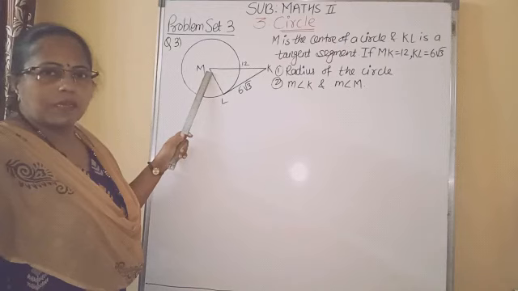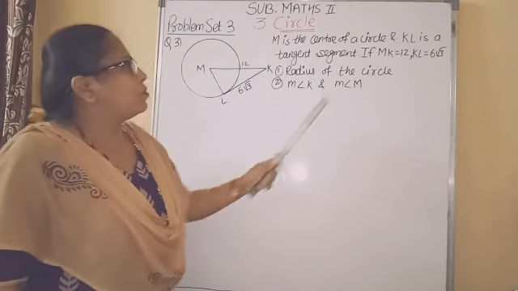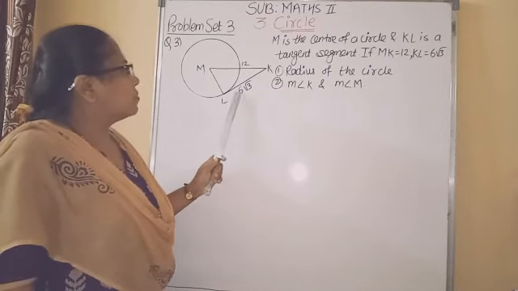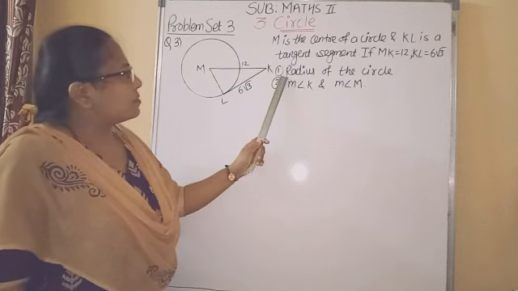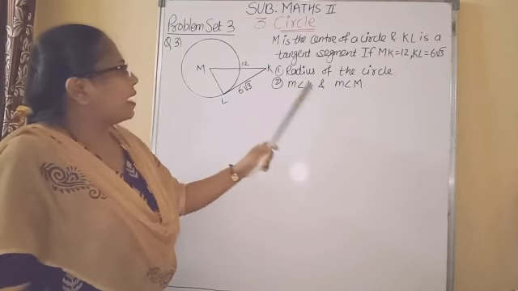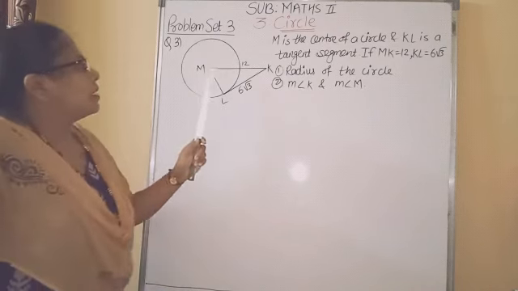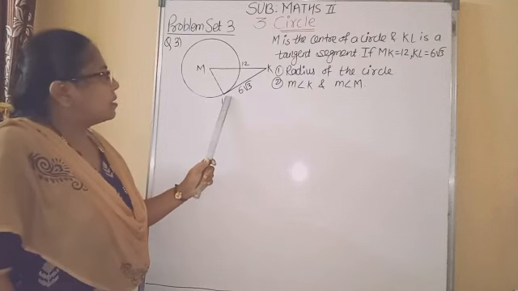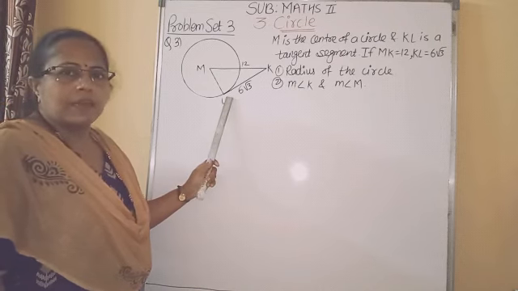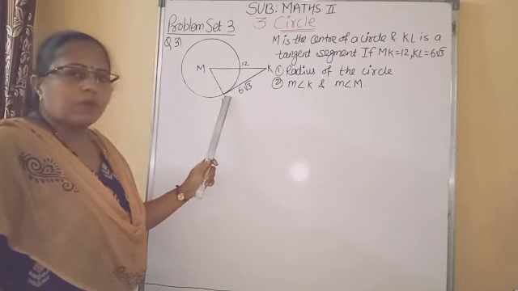If MK equal to 12 and KL is equal to 6 root 3, we have to find first, the radius of the circle, and second, the measure of angle K and measure of angle M. Now student, if you observe the figure, KL is the tangent of the circle at point L. So by tangent theorem, the tangent segment is always perpendicular to the radius drawn from the point of contact.